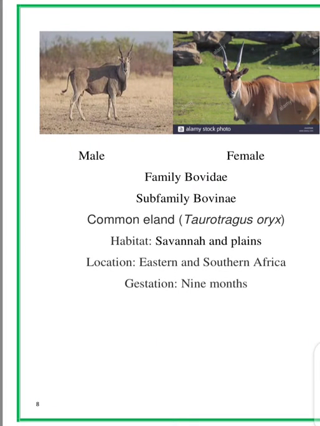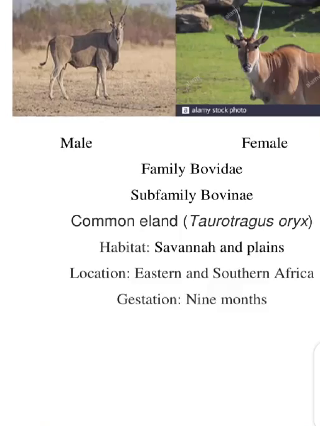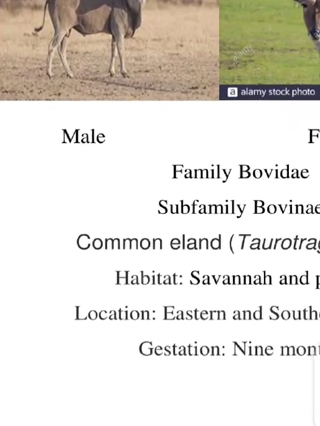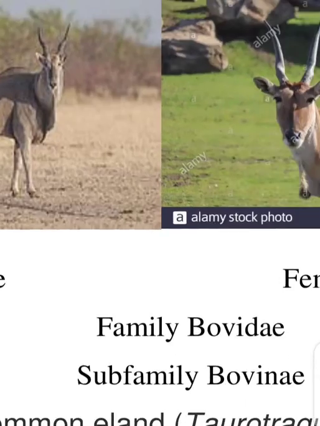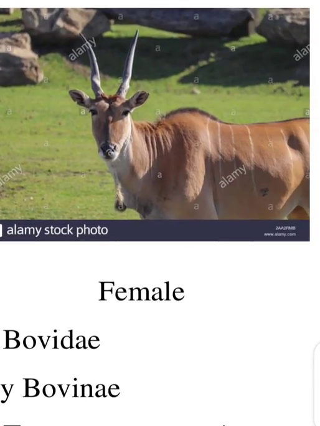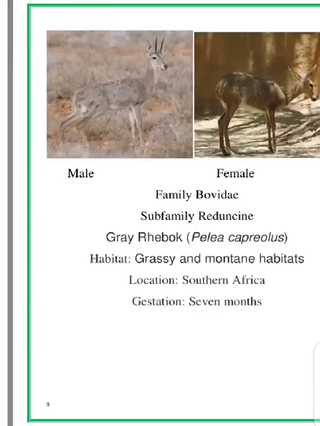The next one is the common eland, Taurotragus oryx. It's basically a savanna and plain type animal in eastern and southern Africa. In fact, some of them are even found in West Africa. This is the male, and this is the female, with a 9-month gestation period.